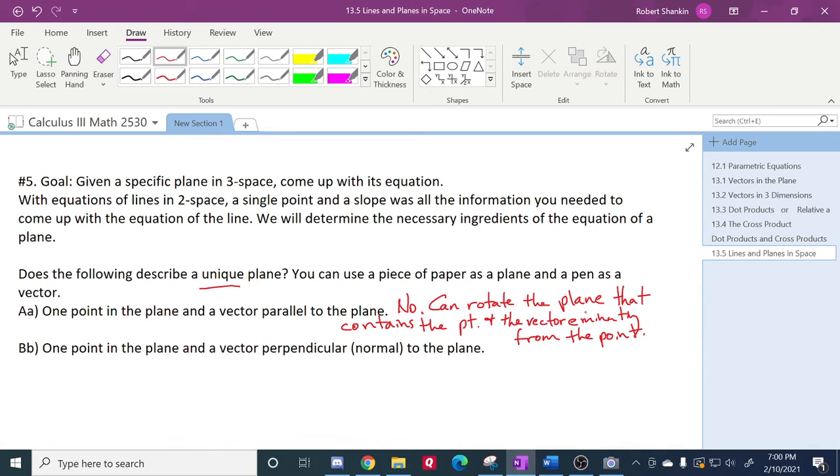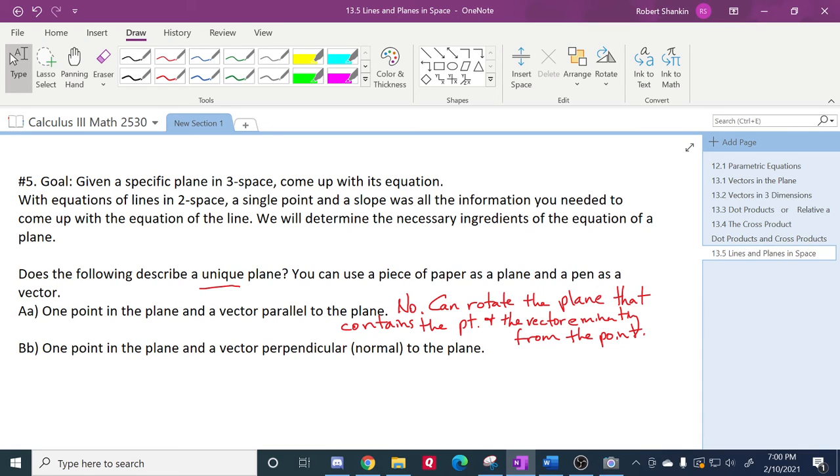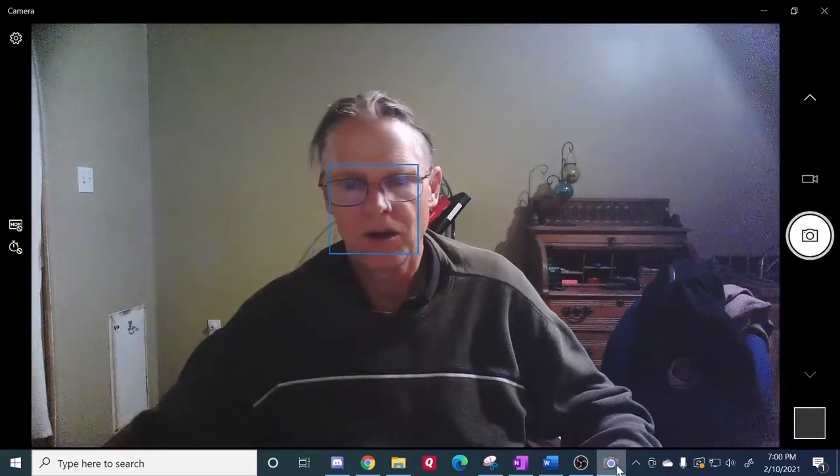All right. The next one. Does one point in the plane and a vector perpendicular, which we call normal, to the plane, give you a unique plane, that there's only one plane that will meet this condition? And we go to my camera.